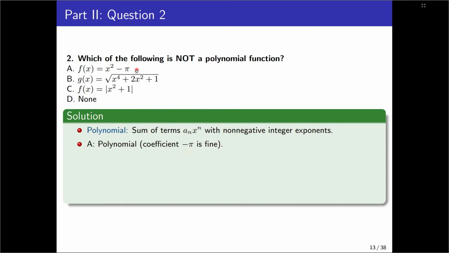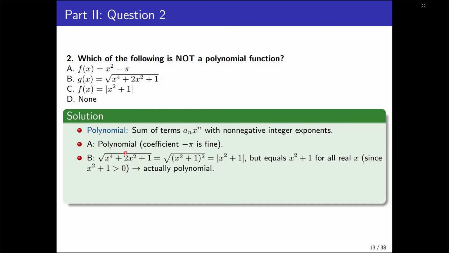Similarly, for B, we have the square root of x to the power of 4 plus 2x squared plus 1, which can be further simplified. Since this is a perfect square trinomial, it is x squared plus 1, the whole squared, so the square cancels the square root, and we obtain the absolute value of x squared plus 1.